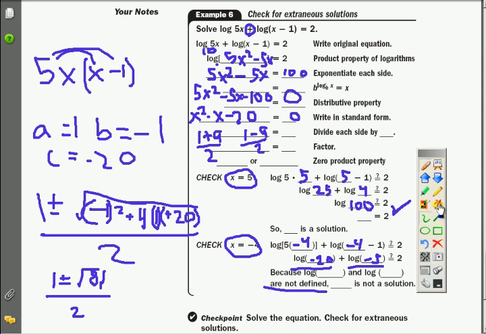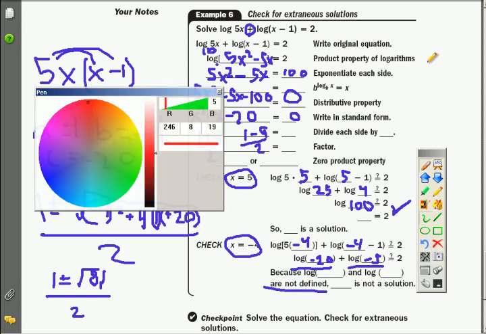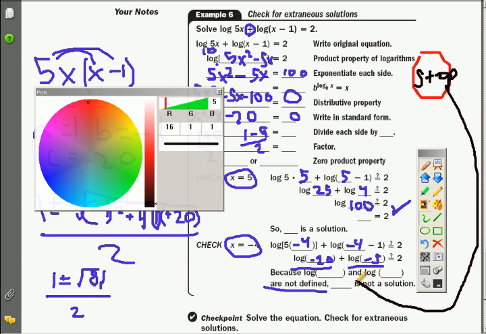You stop where you're at. Stop sign. Look at that. Fancy stop sign. Because you can't take the log of a negative, you're done. You have an extraneous solution.